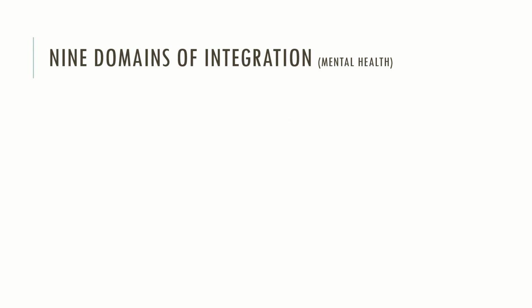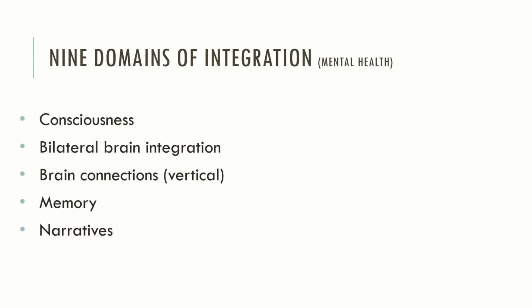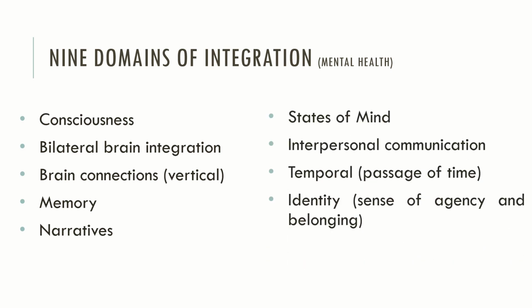These 9 domains are consciousness, bilateral brain integration, brain connections from the brainstem to the prefrontal cortex, integration of different aspects of memory, integration of different aspects of narratives, which is the way we make sense and make meanings from our inside worlds, integration of states of mind, integration of interpersonal communication with others, integration of aspects of the passage of time within our lives and within our brains, and integration of identity, which means our sense of agency and belonging.